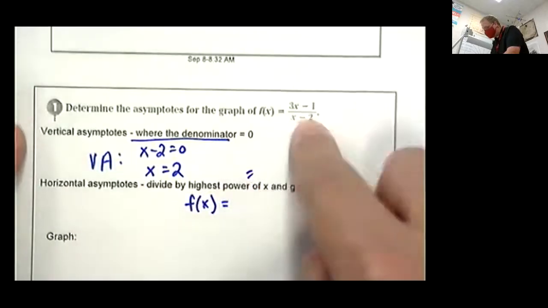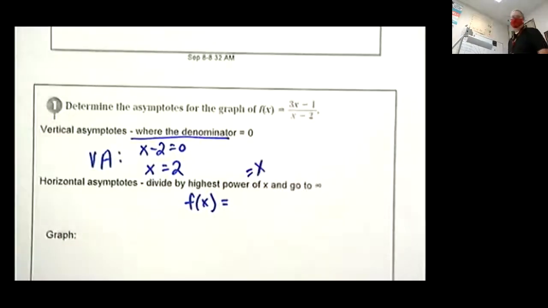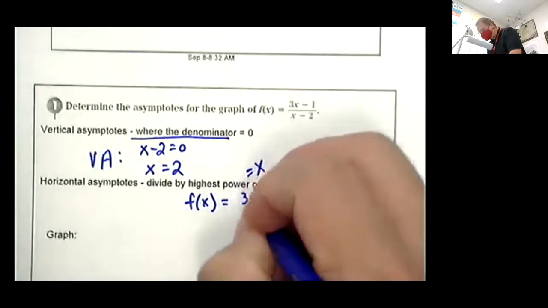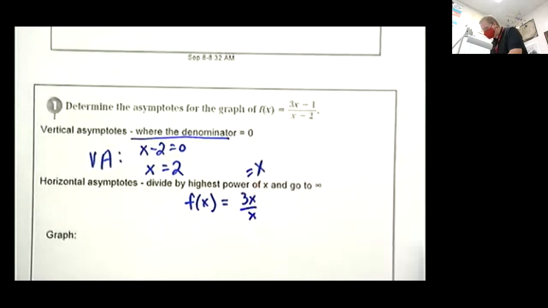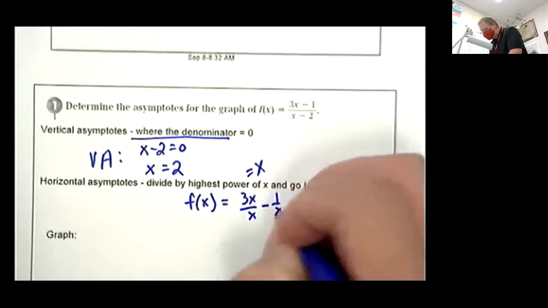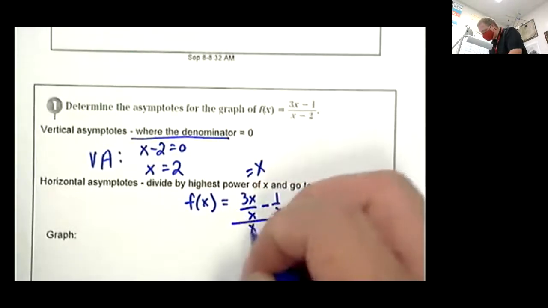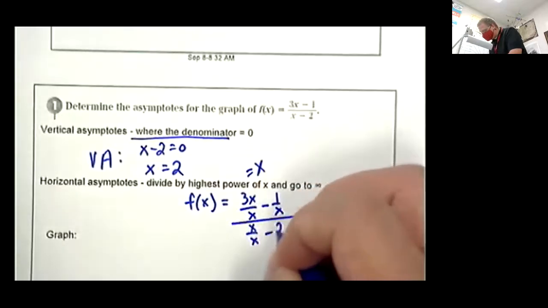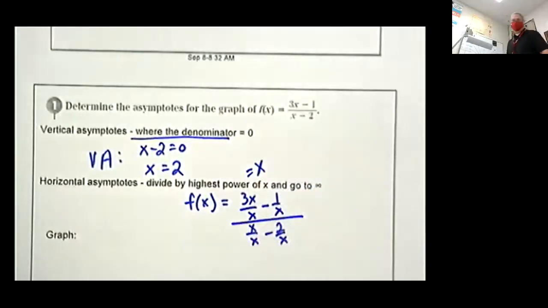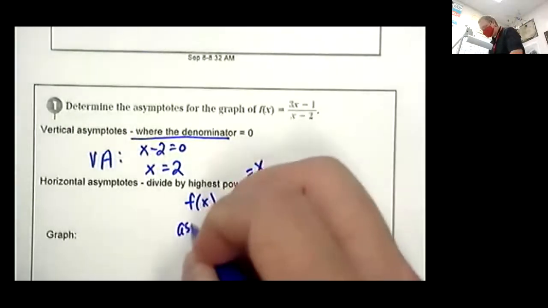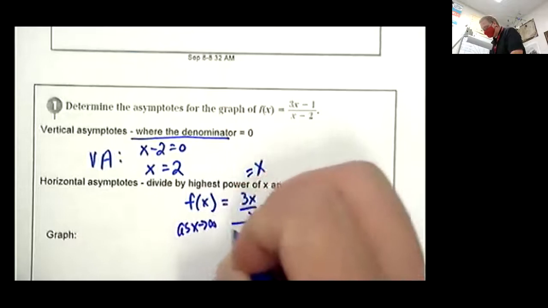Well, that highest power is just an x, not the coefficient, just the powered variable. And so we're going to divide each term by x. So 3x divided by x minus 1 over x, all divided by x over x minus 2 over x. And we're going to see what happens. We want to set x goes to infinity. So as x goes to infinity, what happens?